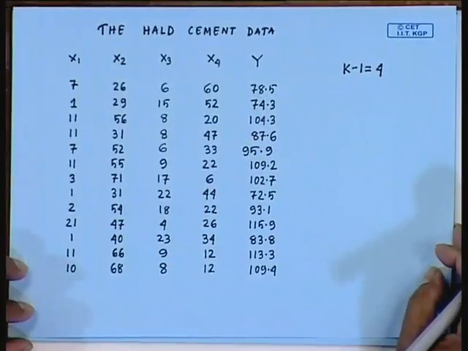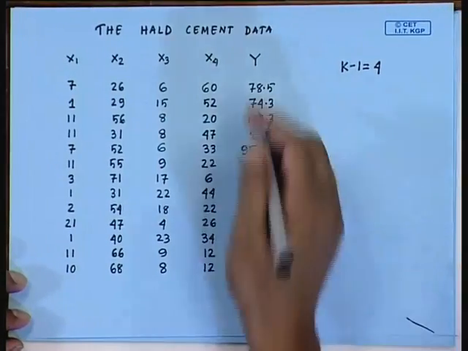Well, let me explain or illustrate this backward elimination using one example. So, I will be considering the same data, that is the Hald cement data.